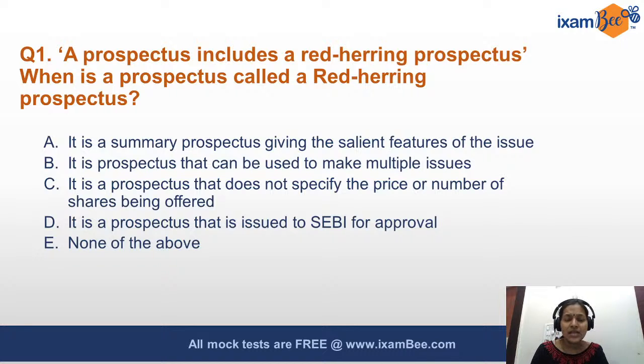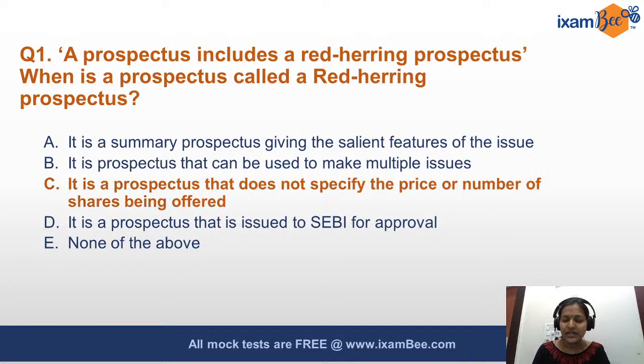Is it a summary prospectus which gives the salient features of the issue? It is a prospectus that can be used to make multiple issues. It is a prospectus that does not specify the price or number of shares being offered, or is it a prospectus that is issued to SEBI for its approval before issuing to the public, or none of the above?